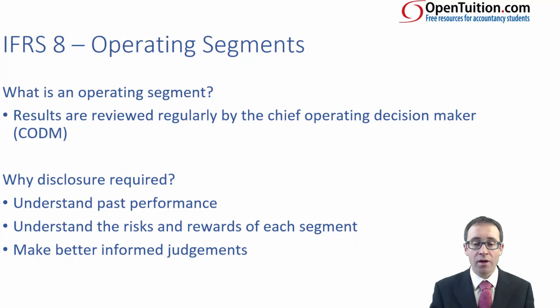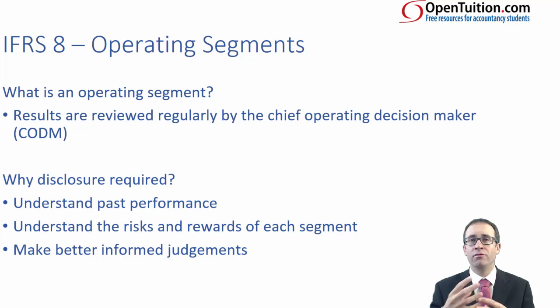And then finally, it helps you make better informed judgments, doesn't it? You get that internal view of the entity. You are able to understand what's happened in the past better, which can help you think about what's going to happen in the future potentially with regards to particular operating segments.